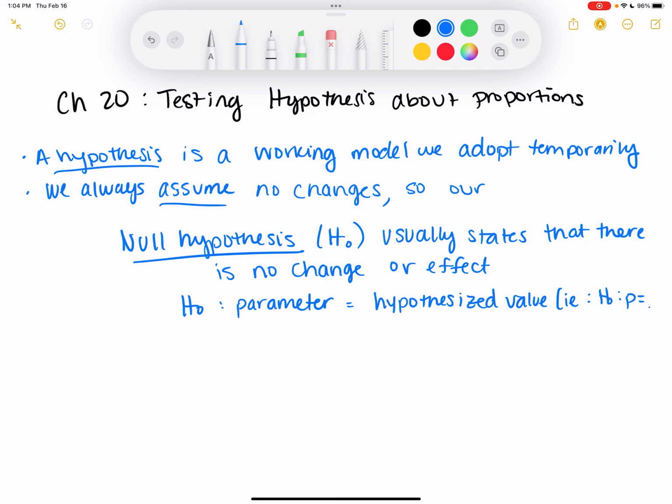The standard deviation of the sampling model is standard deviation of P hat equal to the square root of PQ over N.